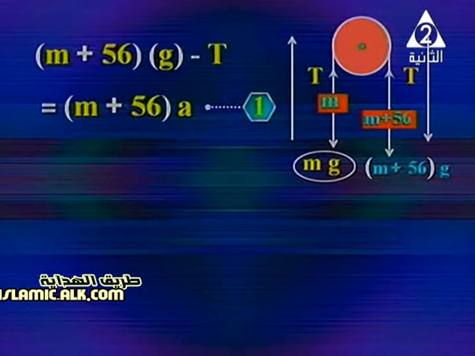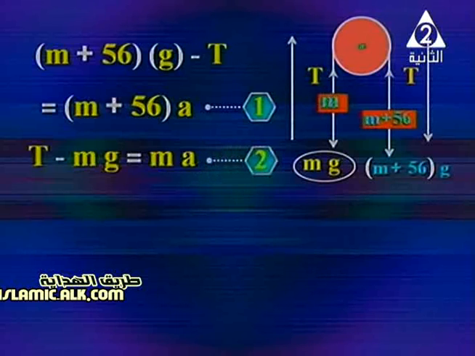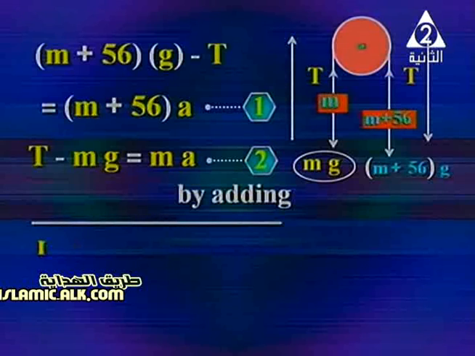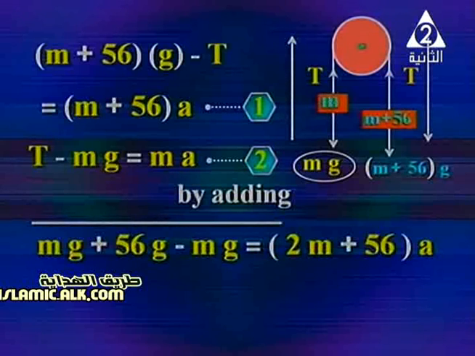Look, we have two bodies, m plus 56 and m. The first equation of motion: (m plus 56)g minus T equals (m plus 56)a. The second equation: T minus mg equals ma. By adding, we find the relation between g and a: mg plus 56g minus mg equals (2m plus 56) times a.